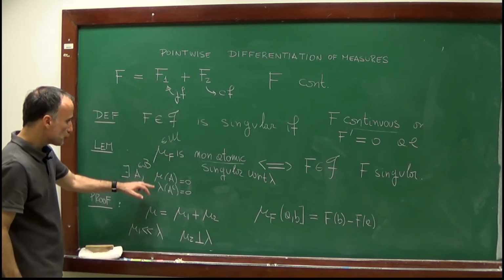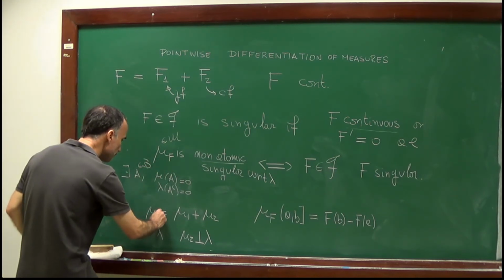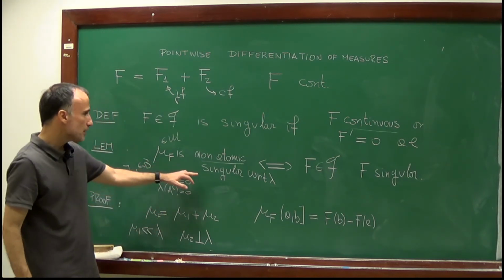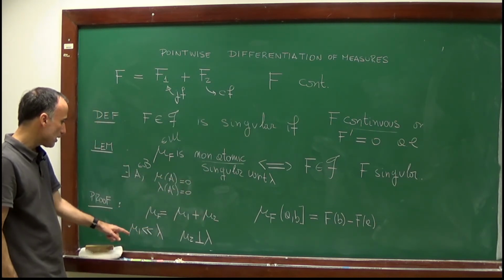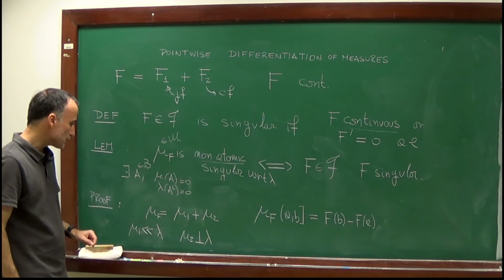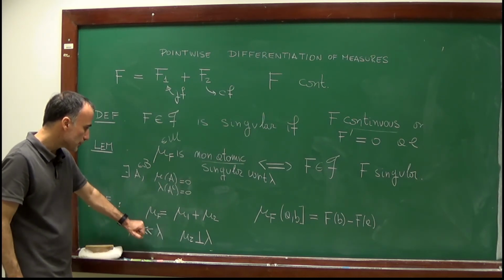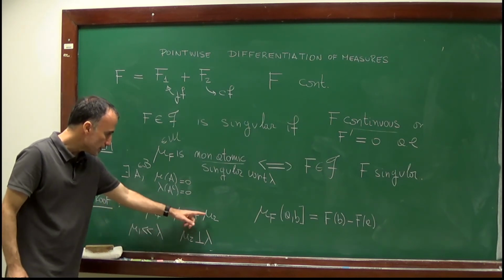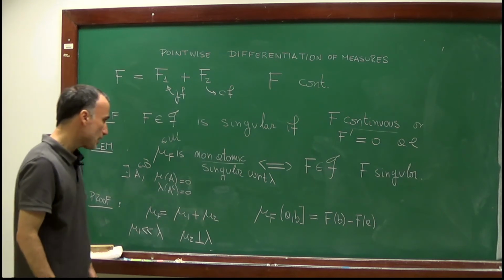So in order to prove that mu f is singular with respect to Lebesgue, we have to show that mu1 is actually equal to 0. So that the absolutely continuous part with respect to Lebesgue is equal to 0, and therefore mu is equal to mu2, which is only the singular part.